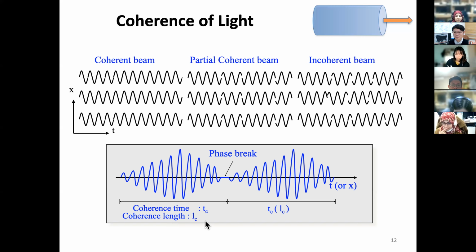Later you will realize this coherence length defines the axial resolution of OCT, or the optical sectioning capability of OCT, because it depends on this coherence or interference.